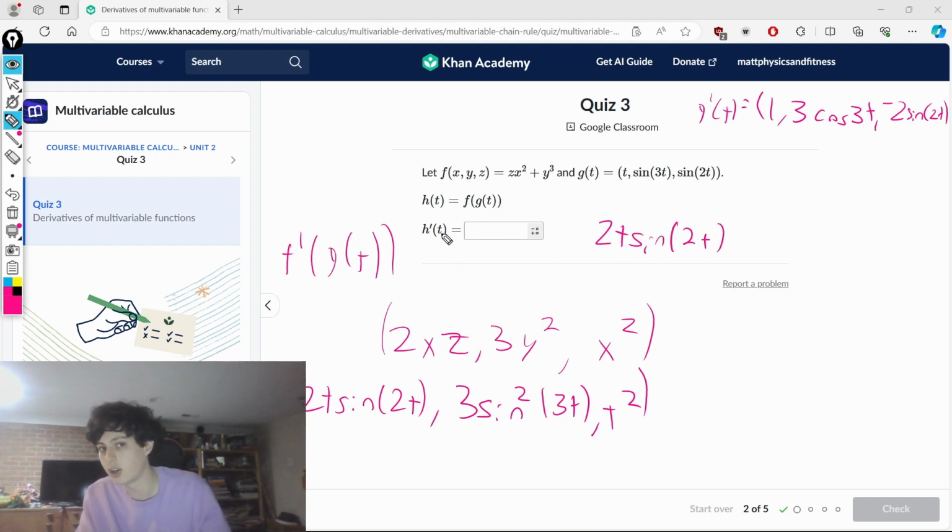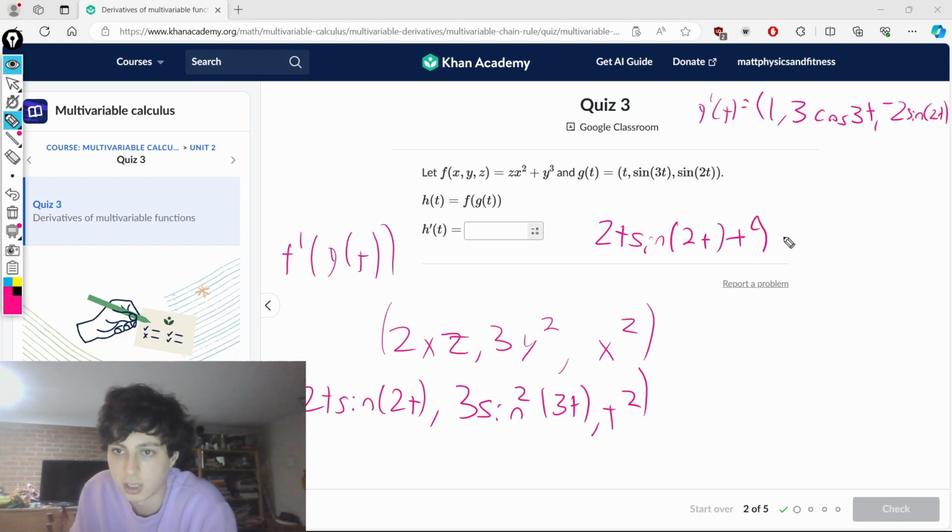Again, we can have our t in our answer because we have a t here. We don't have a value to plug in for t. We just have the t, so we're going to want that to stay. Now plus this times this. Oh no. 9 cosine 3t sine 3t.